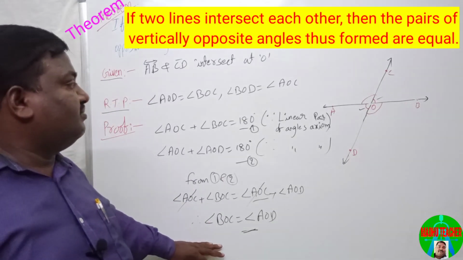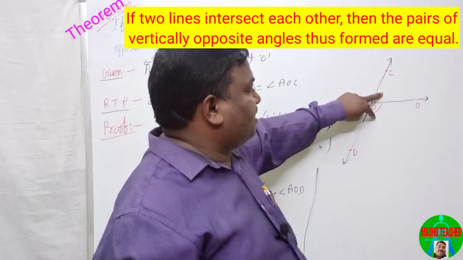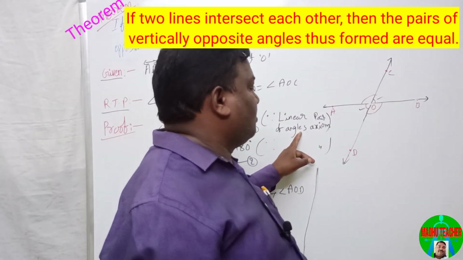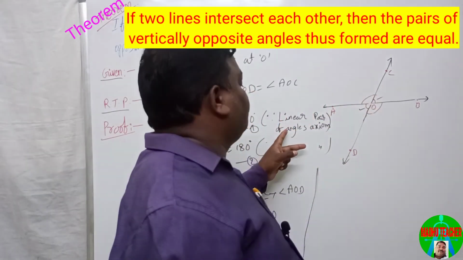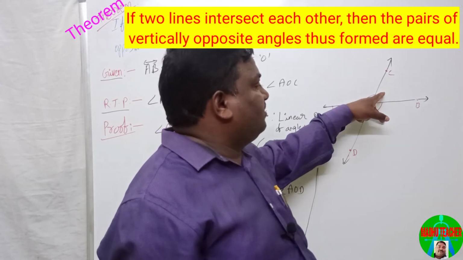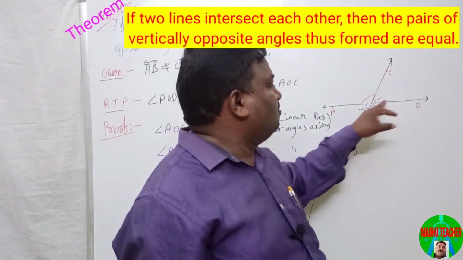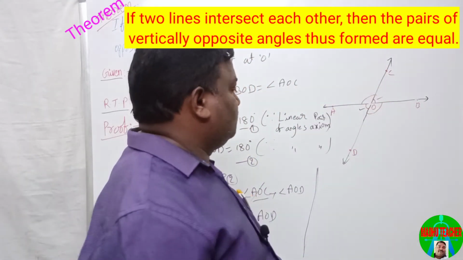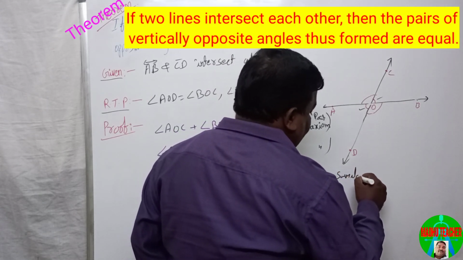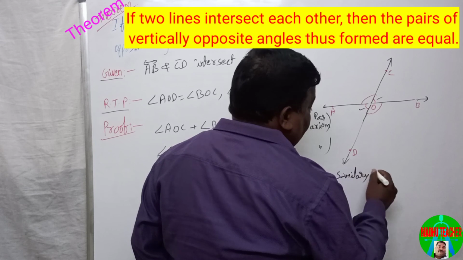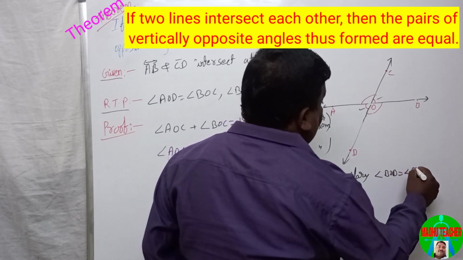Similarly, by the same method, taking the sum of these two angles by the linear pair axiom we get 180, and the sum of these two by the same linear pair axiom, and equating the sums, we get angle BOD equals angle AOC.